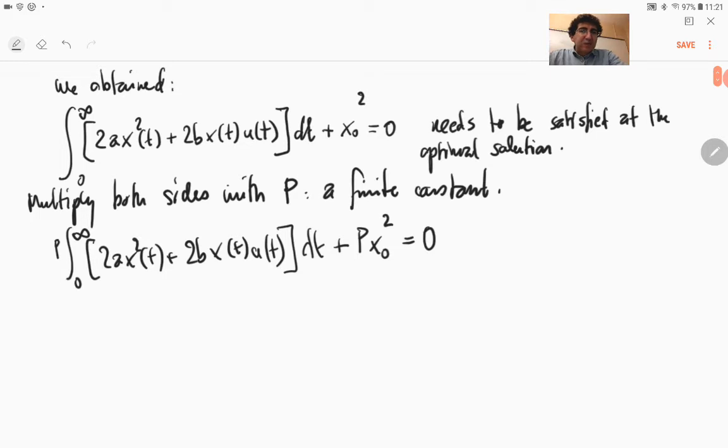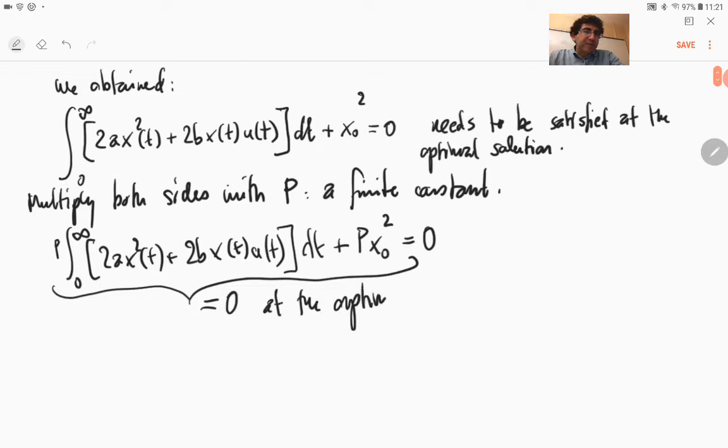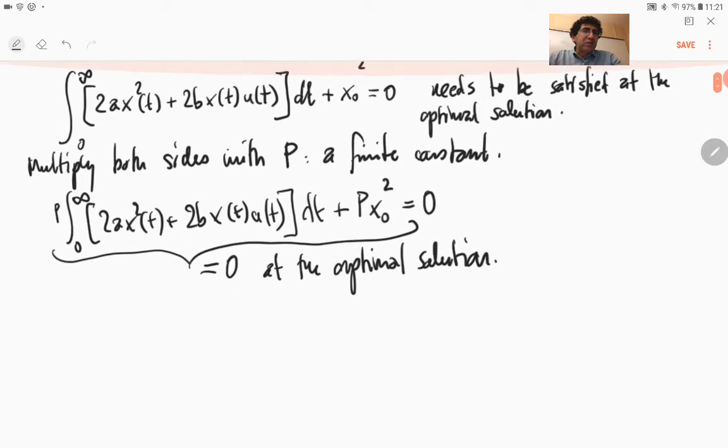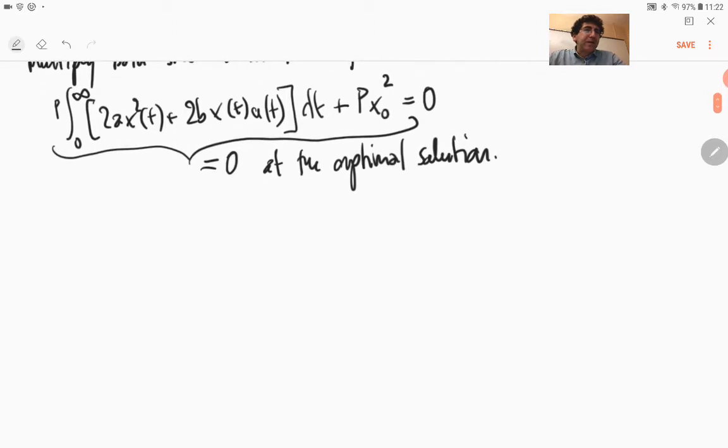Since this whole thing is equal to 0 at the optimal solution, if we add this whole thing to our objective function, we do not change the optimal cost value. So we can add this term to our objective function.